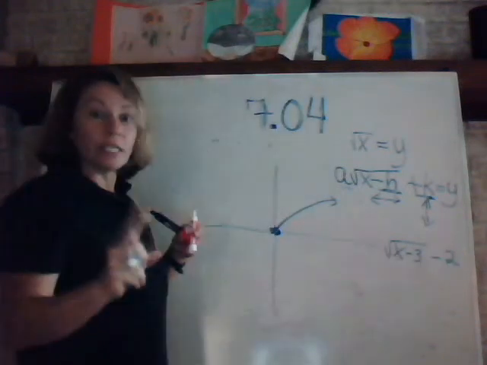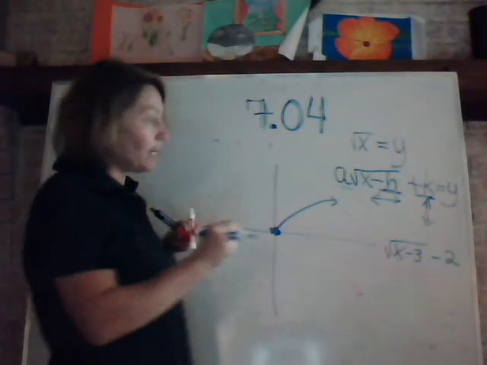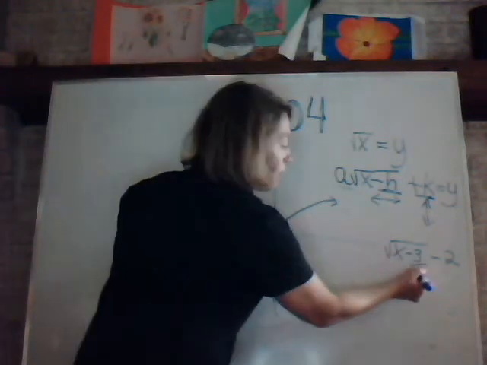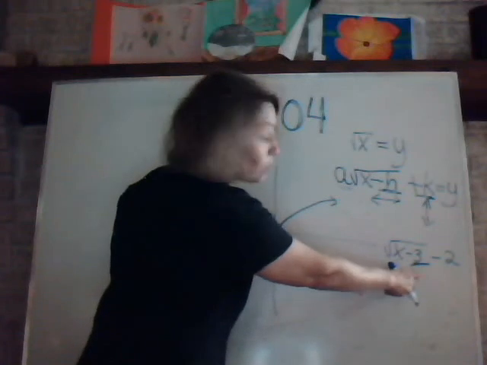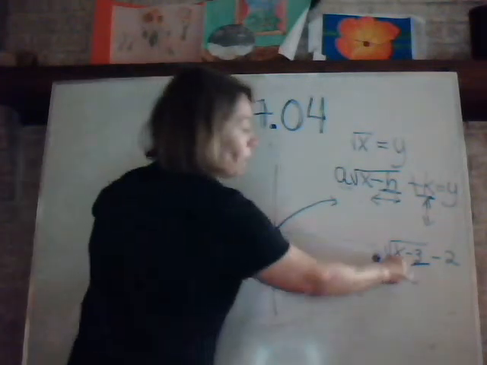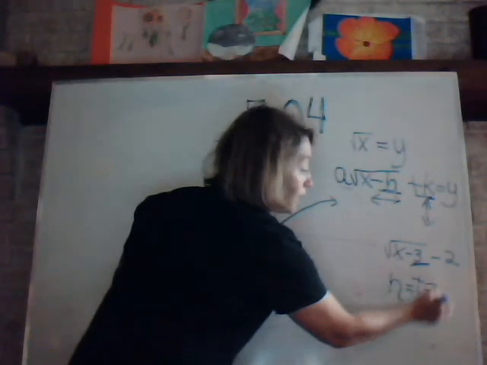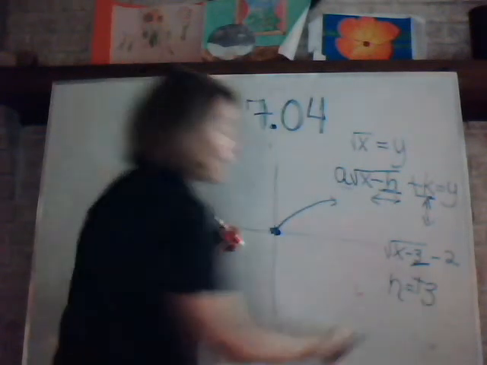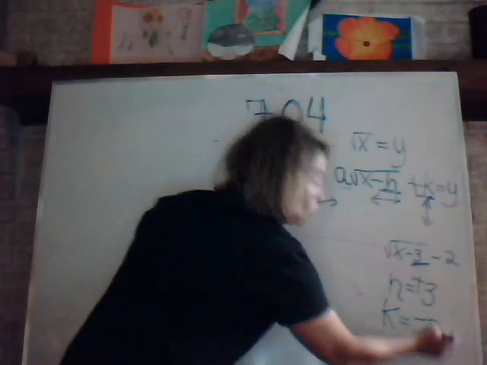The first thing you want to do is identify H, my horizontal shift, and K. In this example, it says x minus 3, and we always say the opposite of H and the same as K. So that means my H is positive 3. My K is negative 2.